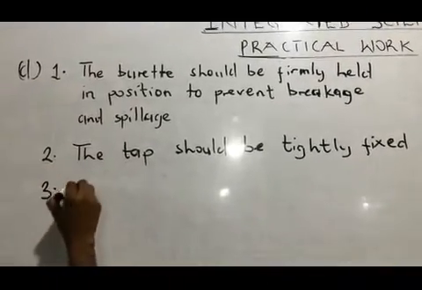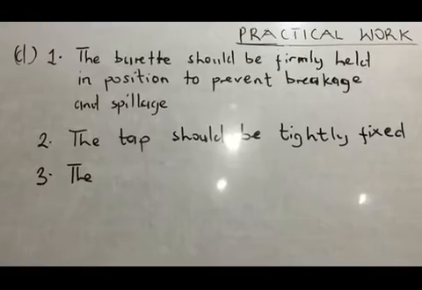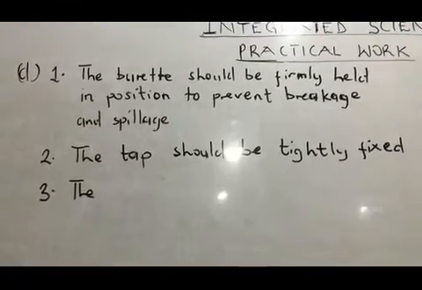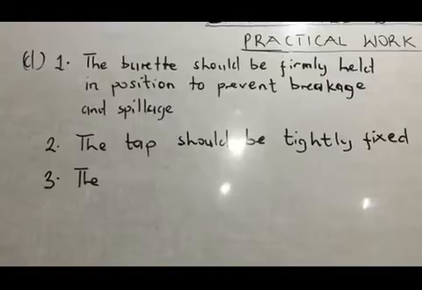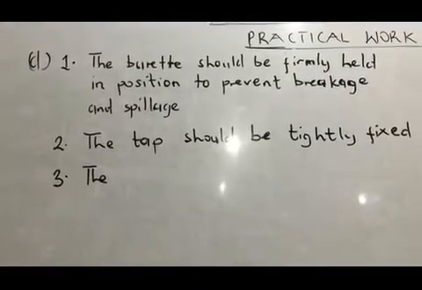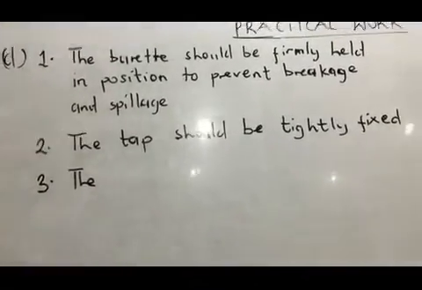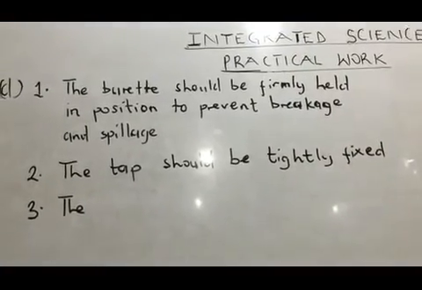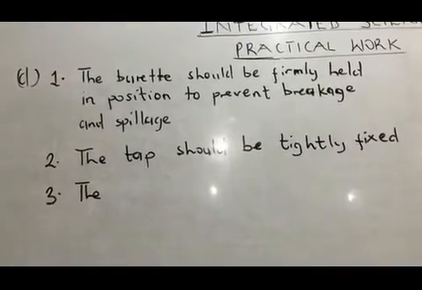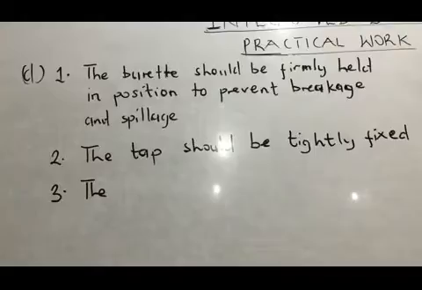And then third, the tap should also be regulated so that during the titration, only a small amount of the acid is allowed into the conical flask at a time. If you don't regulate the tap, you may end up missing the end point.